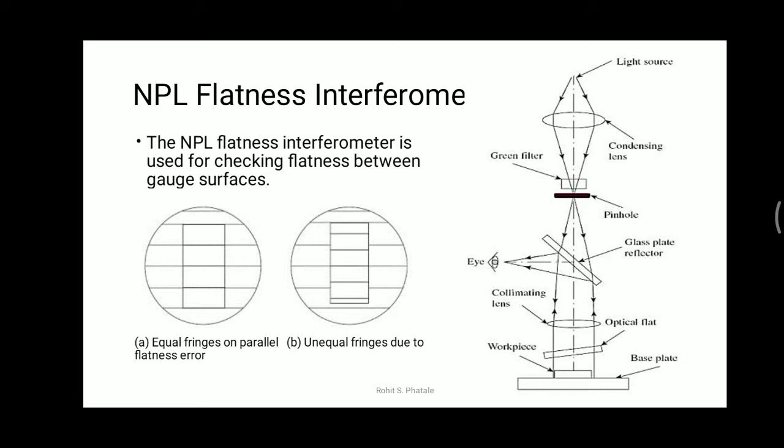So first of all, the light source. Let us start from this initial part, the light source. The light source is placed in order to get the incident rays of light.